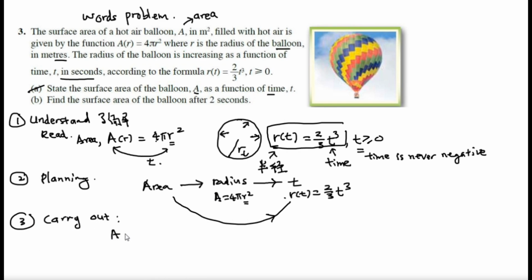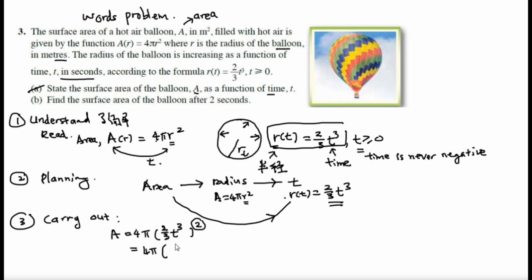So area is 4 pi r squared, where r is equal to 2/3 t cubed. So it's equal to 4 pi, and now this square is applied to each term in this bracket. This is 2/3 squared.